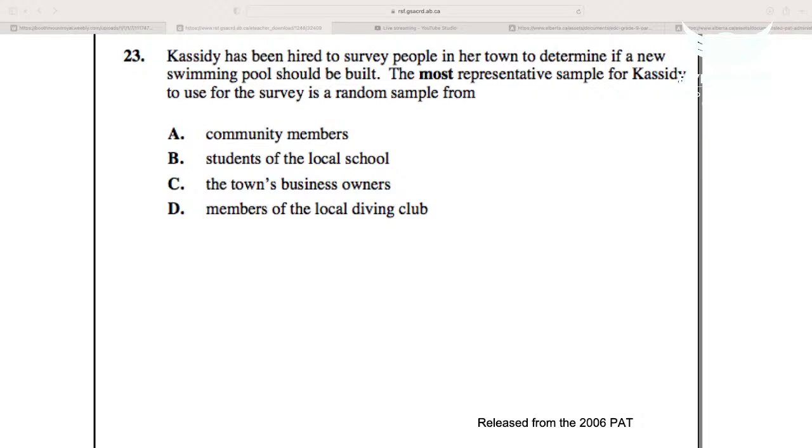I'm cleaning the board meanwhile. Next question.